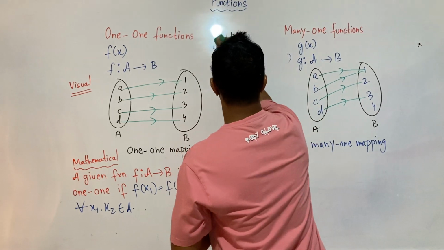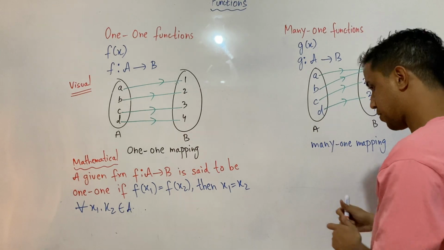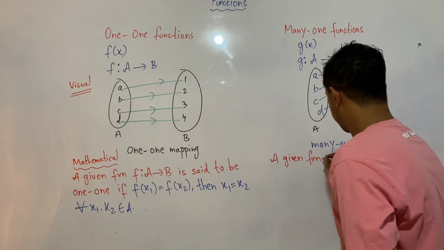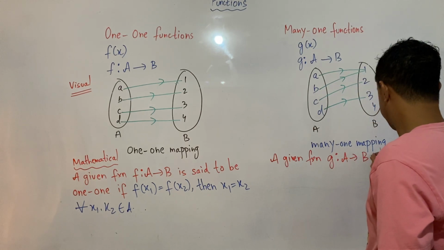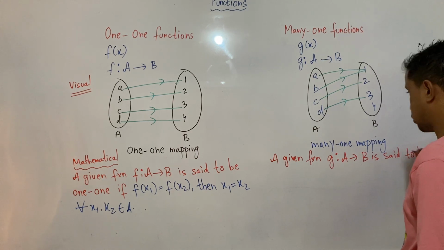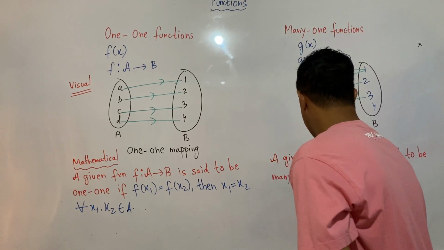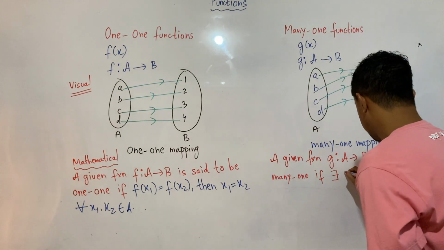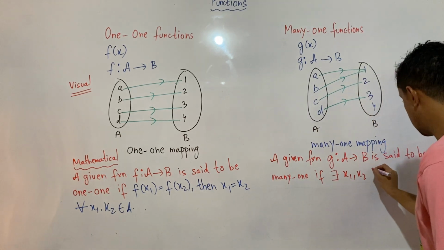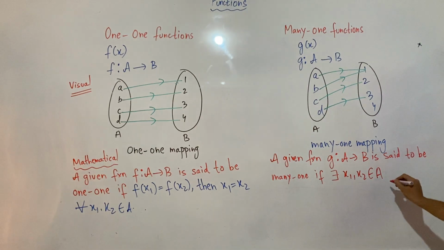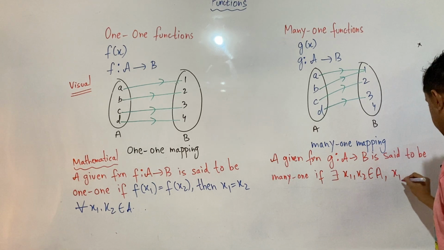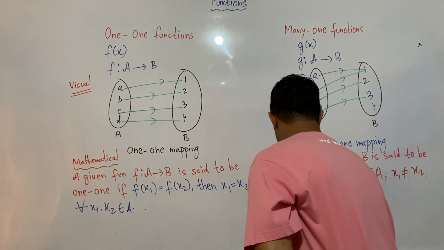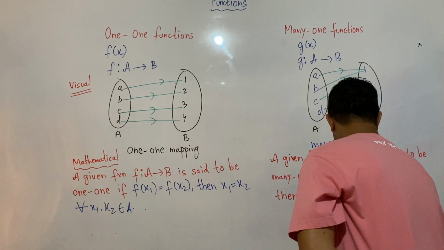Okay, so the mathematical understanding for this, I would say, is that a given function g from A to B is said to be many-one if there exist x1, x2 which belong to A, meaning the domain, and x1 is not equal to x2, then f of x1 is equal to f of x2.